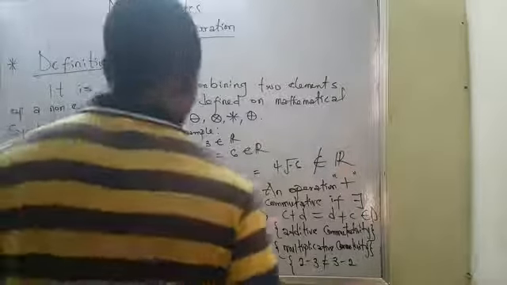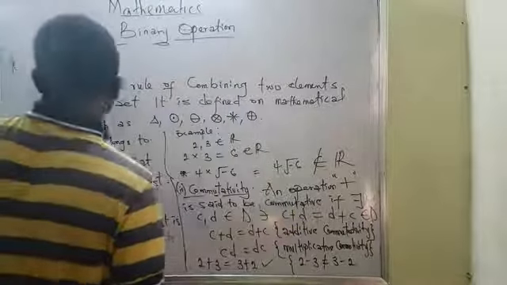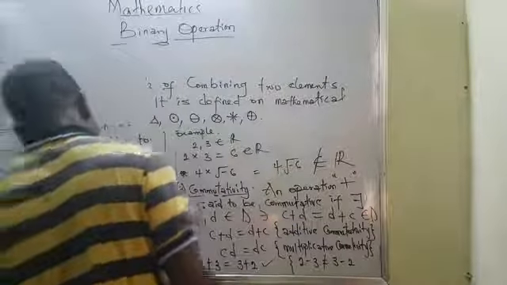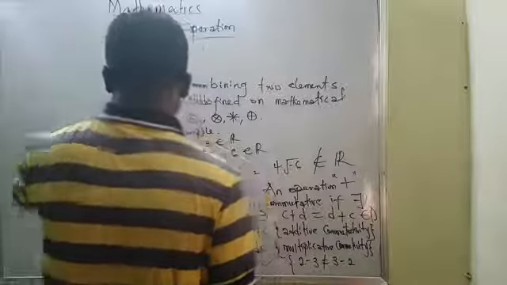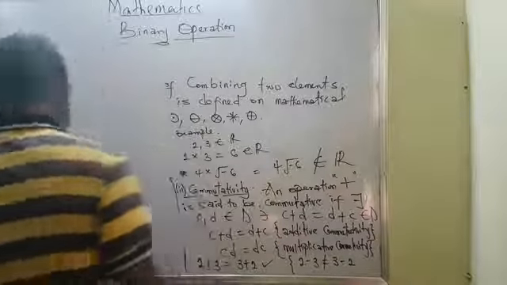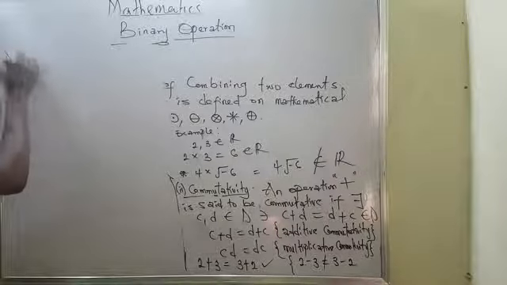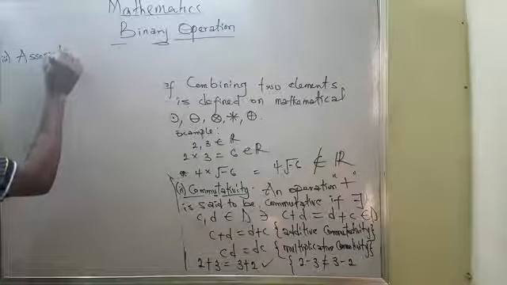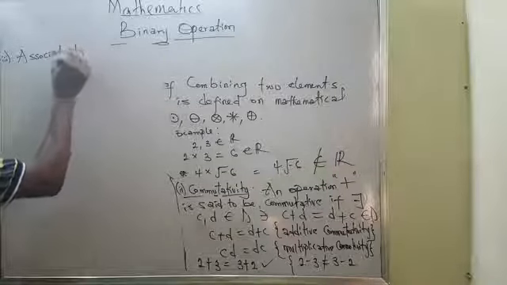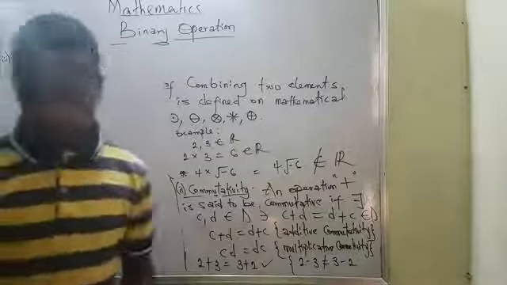The next property I will talk about, let's go to the associative property, number 3. So I'm talking about associativity.